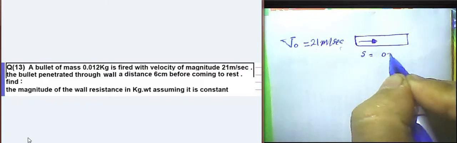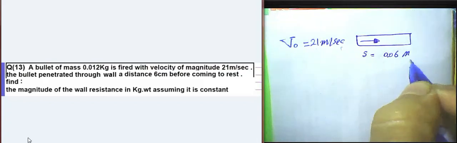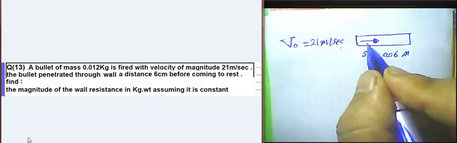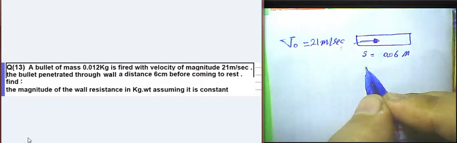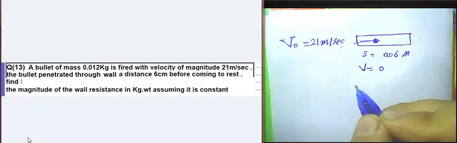We can divide it by 100, it will be 0.06 meter to convert from centimeter to meter. Before coming to rest, then v equals 0.